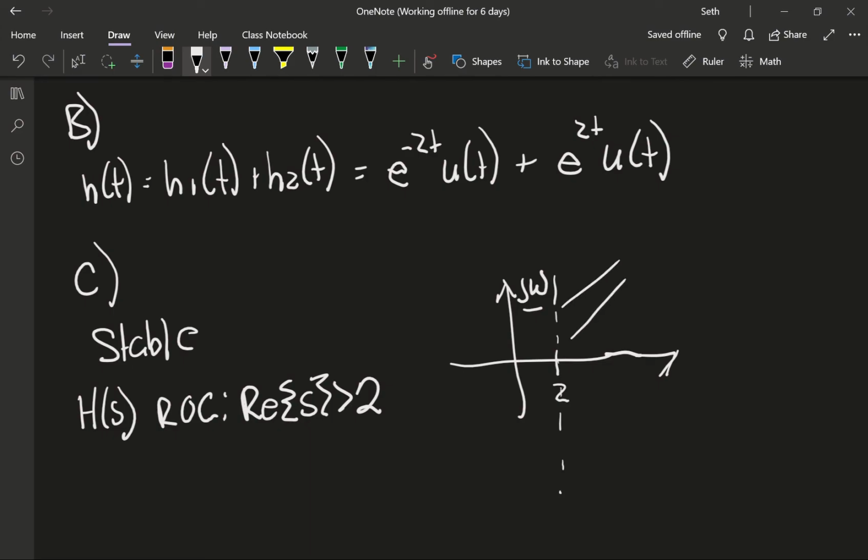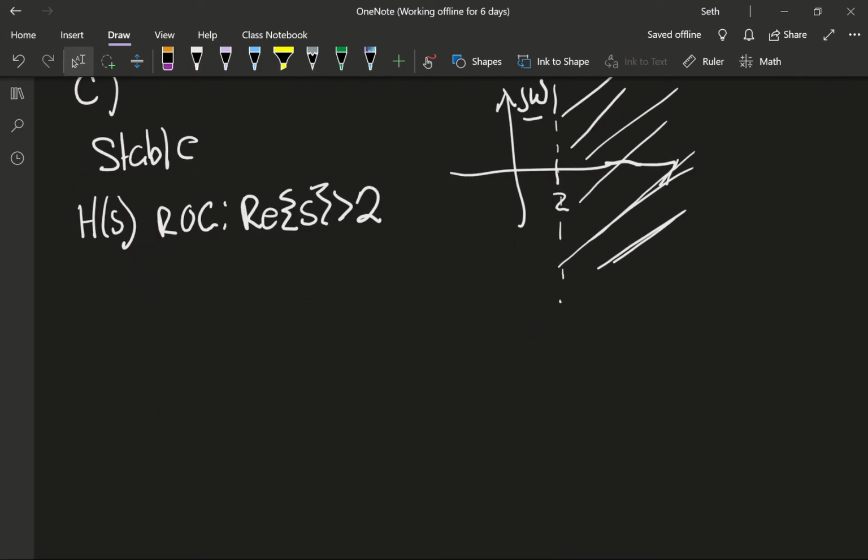Ours did not, so it's not stable, it's unstable. I suggest you write that definition down on your cheat sheet.